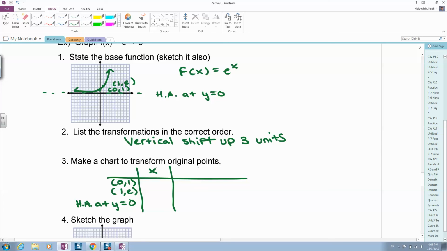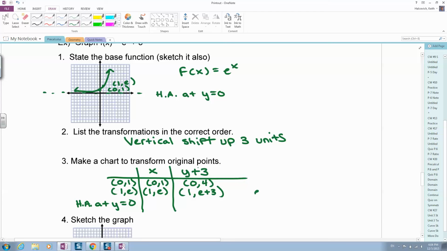Now, the x doesn't change because you have no horizontal shift, and the y is going up 3, so you add 3. So you have 0, 1, but then you add 3, so now it's 0, 4. The x stays the same, and then the y you add 3, so that's e plus 3.